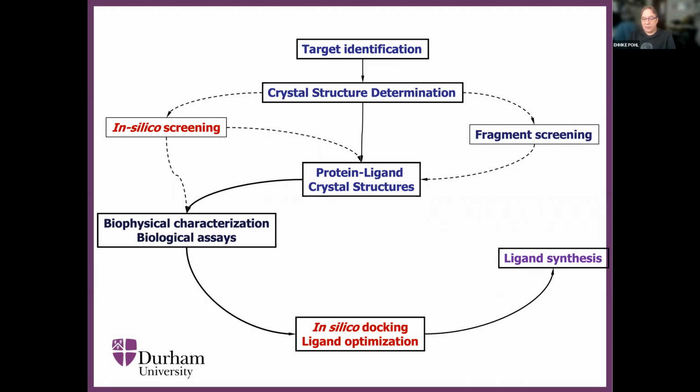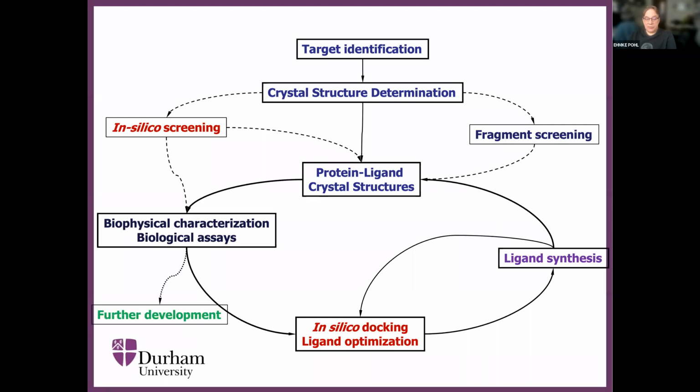In my view, crystal structure aids ligand synthesis in many ways. And that, of course, goes back into protein-ligand crystal structures. After a few rounds, if we are lucky, we come up with a structure and a compound that is close enough for clinical trials.